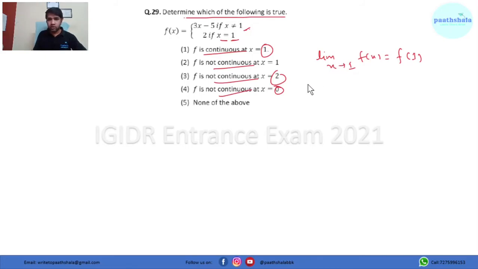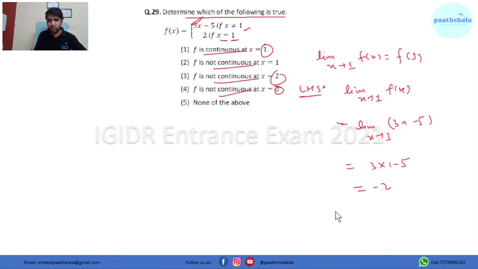Okay, so for that let's take LHS. So LHS is limit x tending to 1 f(x). Okay, and here f(x) you will take this function, 3x minus 5. So when you put the limit, this will come out to be 3 into 1 minus 5, that is minus 2. And take RHS.